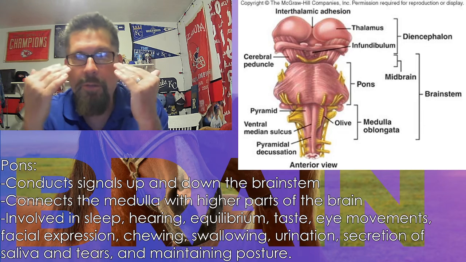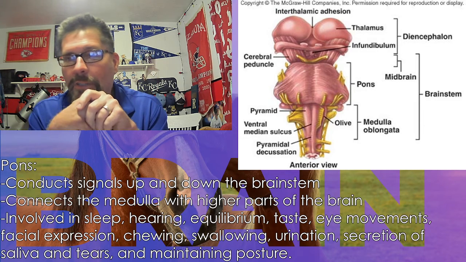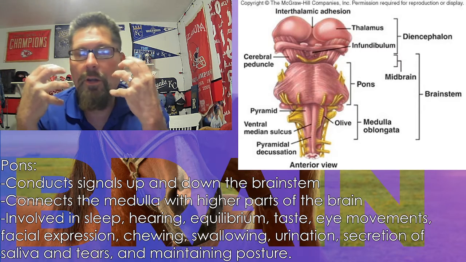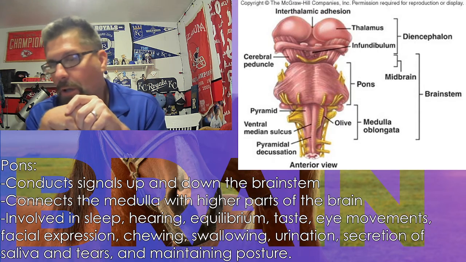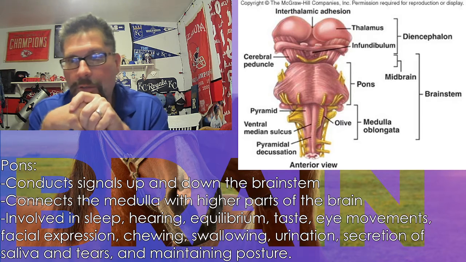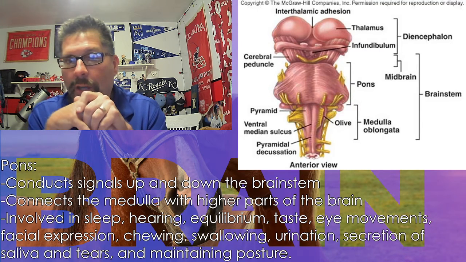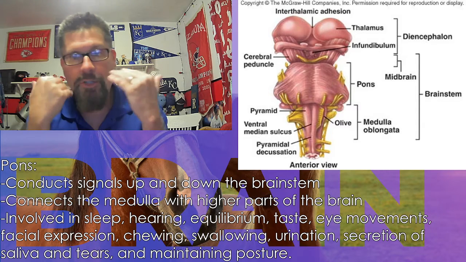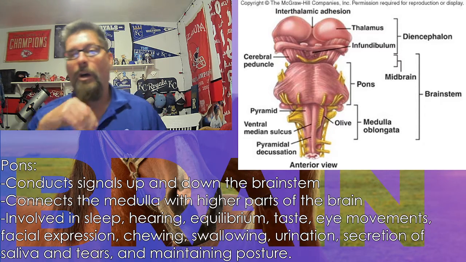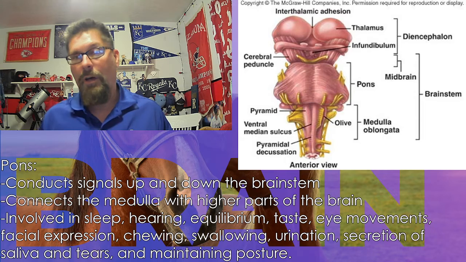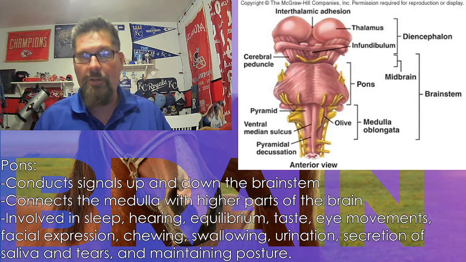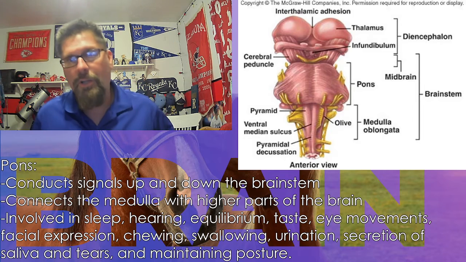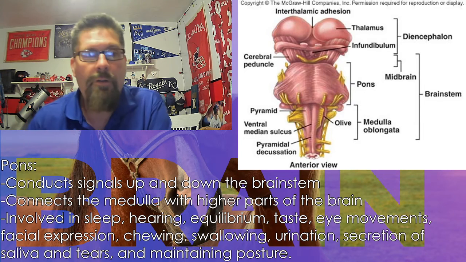It's right above the medulla. It's got that big section again. When you looked at it in other screens, it's like these big muscly things, but that's the pons, in charge of a lot of things. So just the idea of standing upright, facial expressions. Obviously these aren't muscles that do that, but they're the brain control centers that control those features.